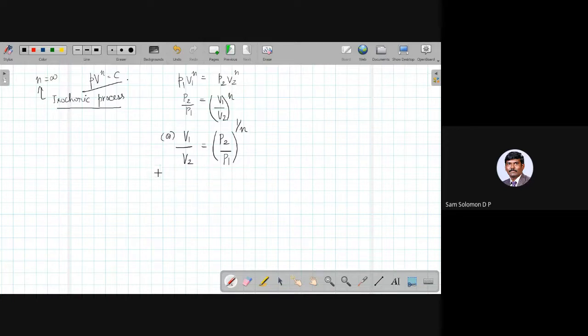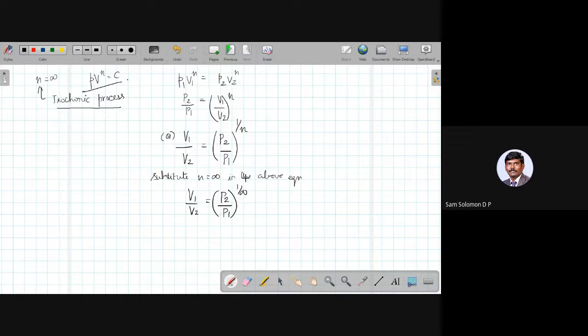And now substitute n equal to infinity in the above equation. If you do that, you will have V1 by V2 equal to (P2 by P1) to the power 1 by infinity.